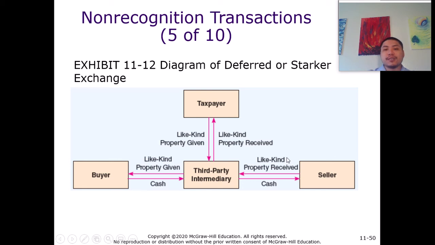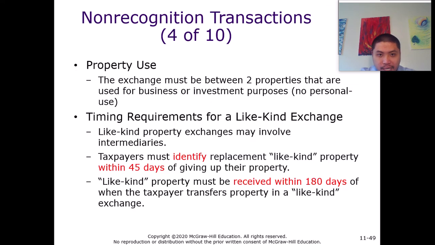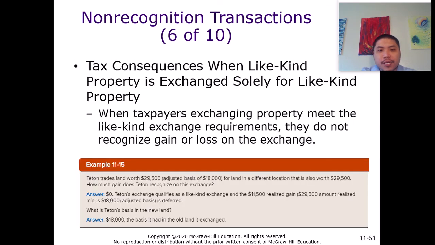So again, they have 45 days since the day they sold the properties to identify the replacement, and they have 180 days to wrap up, to complete the transaction and receive the piece of land. All right, so that is the timing requirement for like-kind exchange.